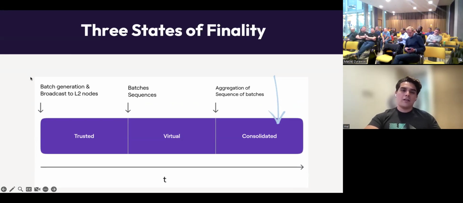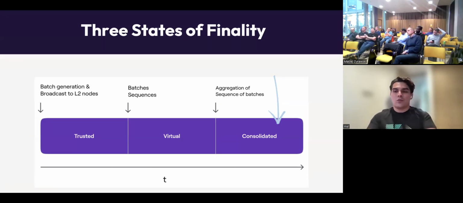So what does this mean? Finality is usually 1 hour. Technically, you're not fully secure, fully consolidated, until within 1 hour of your transaction being executed on the layer 2. However, if you're operating on specific things on the layer 2, you can pretty much proceed, but you cannot withdraw.